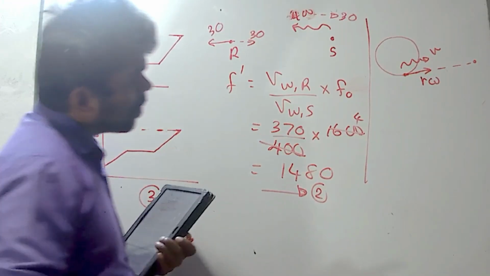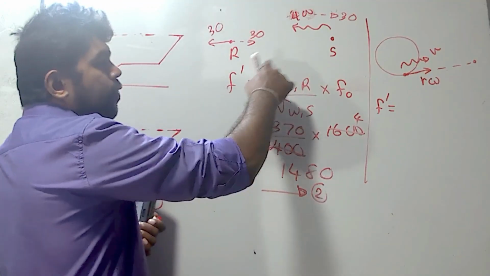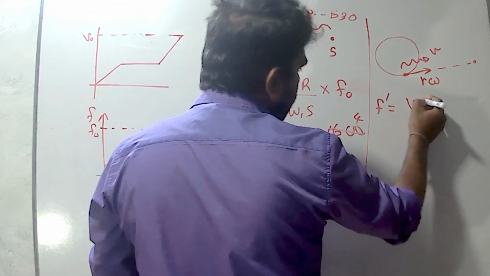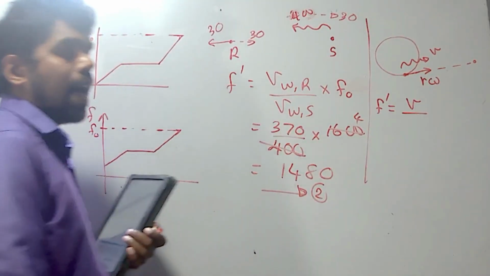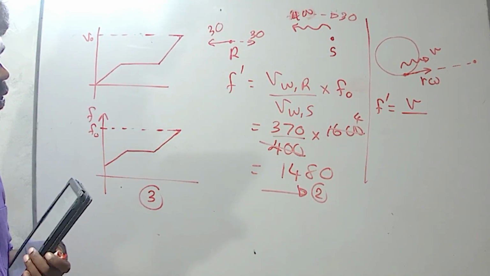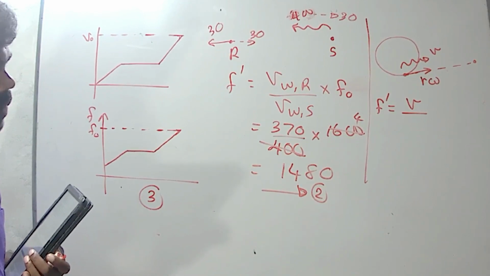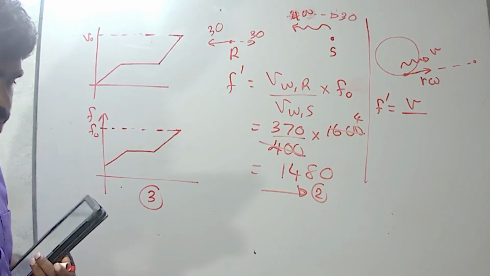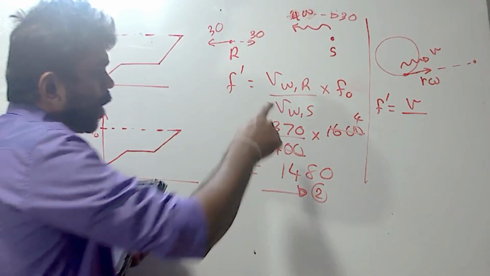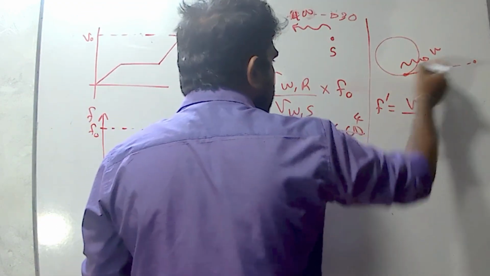Now, the apparent frequency equals the velocity of wave relative to the receiver. The receiver is at rest, then V. There is no change of velocity because he can observe the real velocity of the wave since he is at rest. Then for the second situation, the velocity of wave relative to the source. The source is moving in this direction.